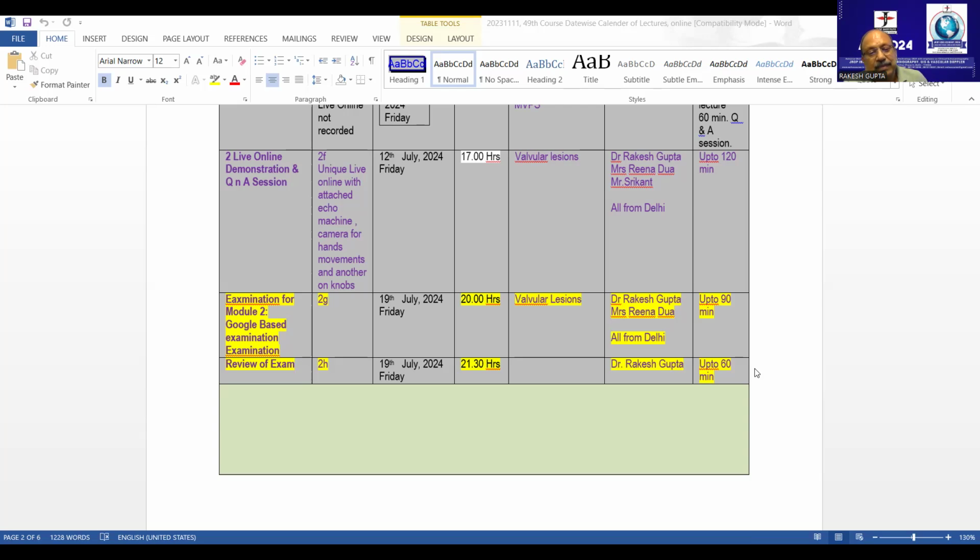Mainly the candidates are Level 2. You should have a basic knowledge, not at your level. We don't encourage you to come. We want you to come only when you're good in echocardiography. You must have learned a lot of echocardiography already.